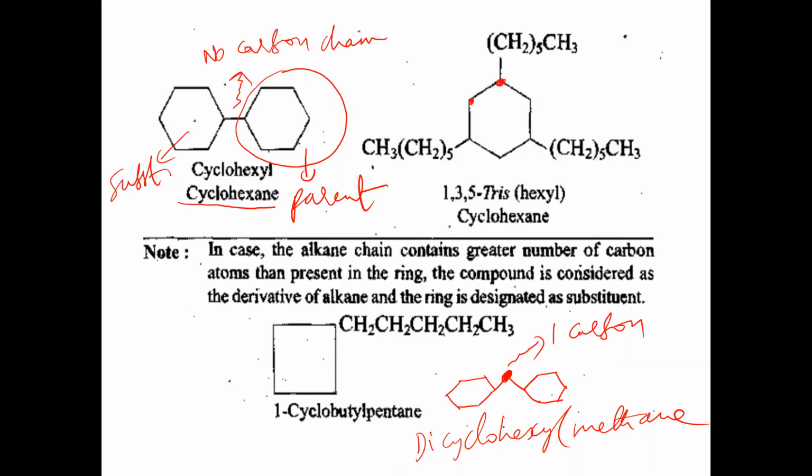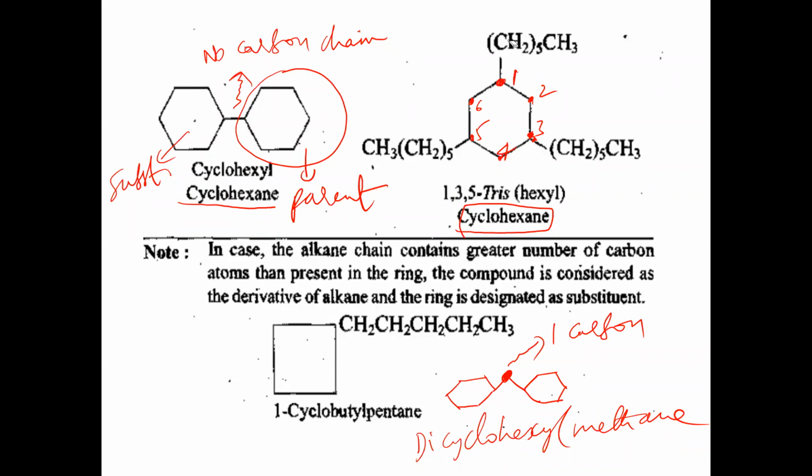Next, in this compound, how many carbon atoms in the ring? 1, 2, 3, 4, 5, 6 carbon ring. 6 carbon ring indicates cyclohex. And between all carbons in the ring, single bonds only, so cyclohexane is the parent compound here. In this cyclohexane, if you give numbering 1, 2, 3, 4, 5, 6 carbons, the first carbon has a hexyl branch, third carbon has a hexyl branch, fifth carbon has a hexyl branch.